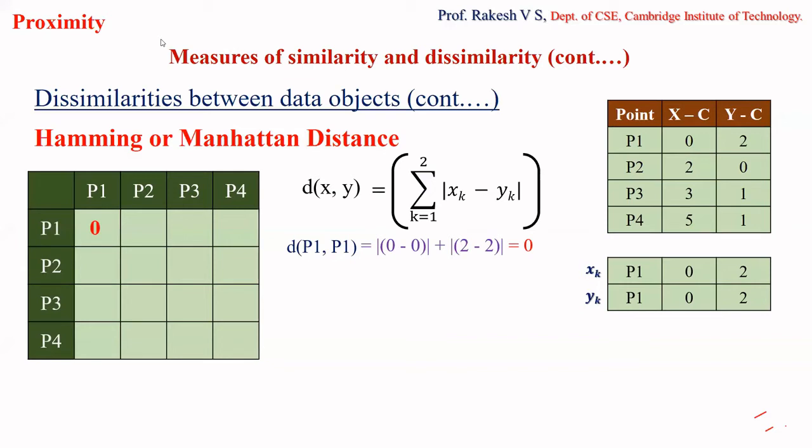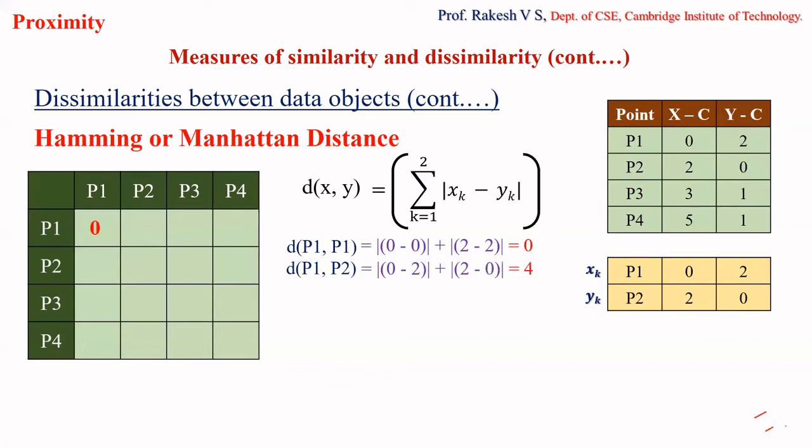Now I am going to find the distance between P1 and P2. The P1 value is 0, 2 and the P2 value is 2, 0. Here xk represents P1 and yk represents P2. So what will be the calculation now? It will be 0 minus 2 plus 2 minus 0, which equals 4.